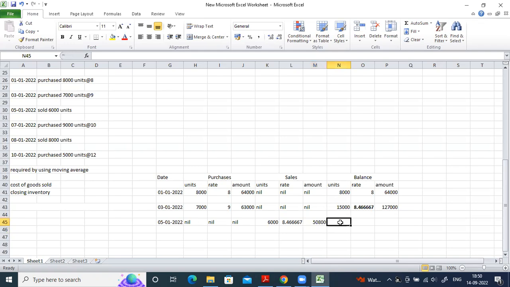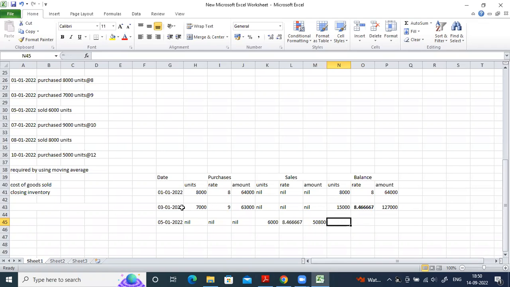How many units are there in balance? 2,000. On 5th January, how many units are there as balance? On 3rd January, what is the total stock in our godown? 15,000.